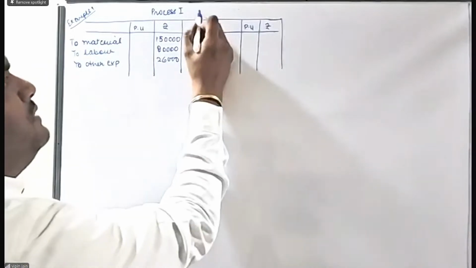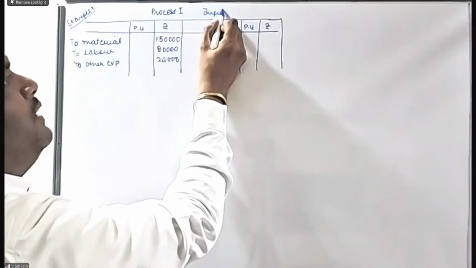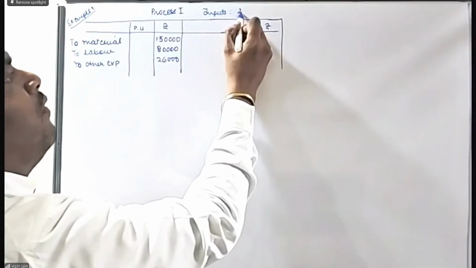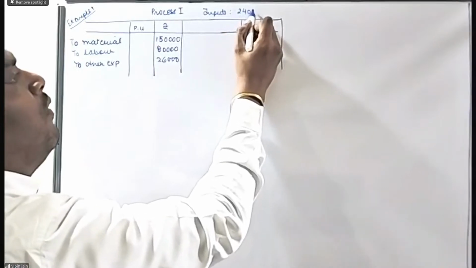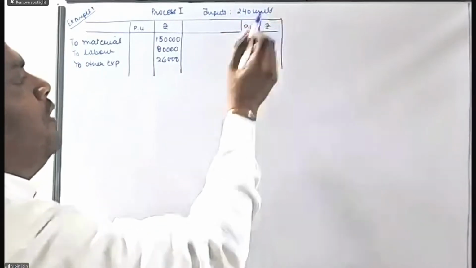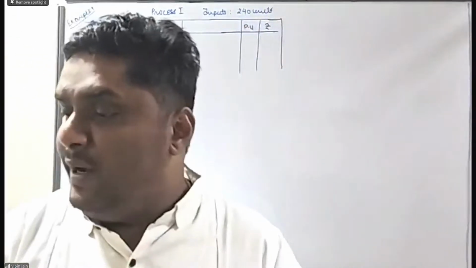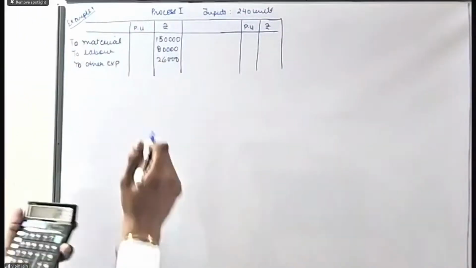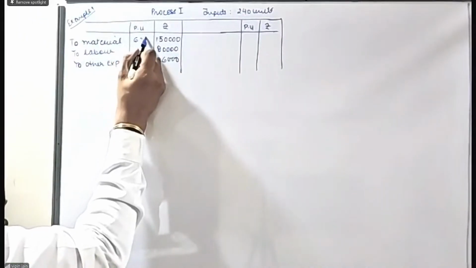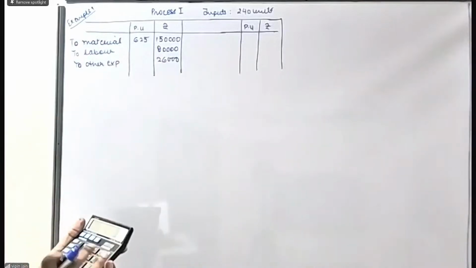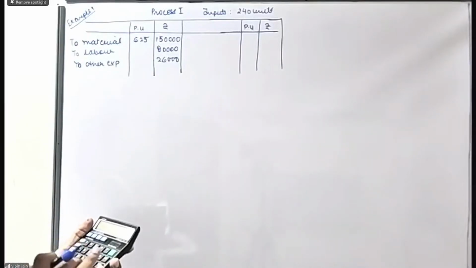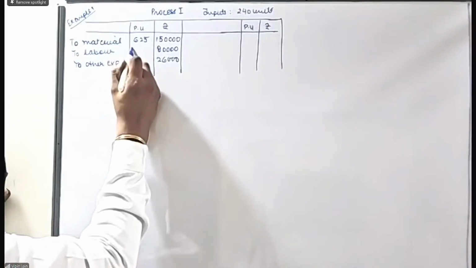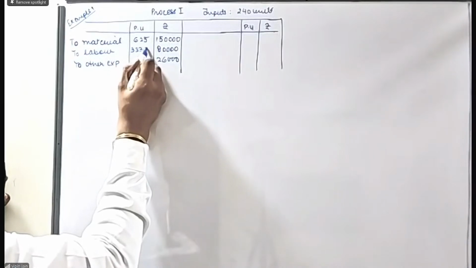Since inputs are total 240 units, if we divide all these amounts by 240, we'll get the per unit amount. So herein it will be 625, 333.33.